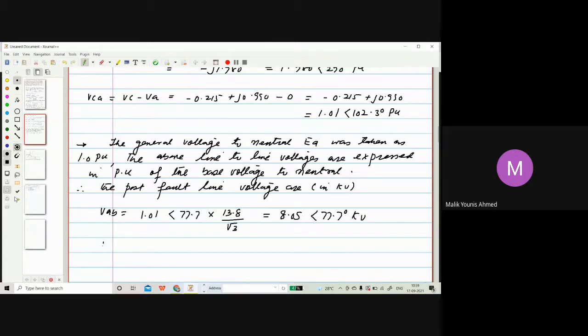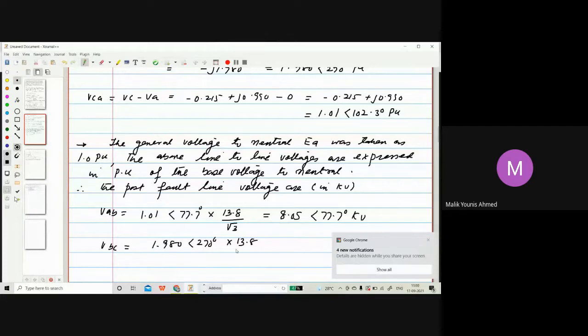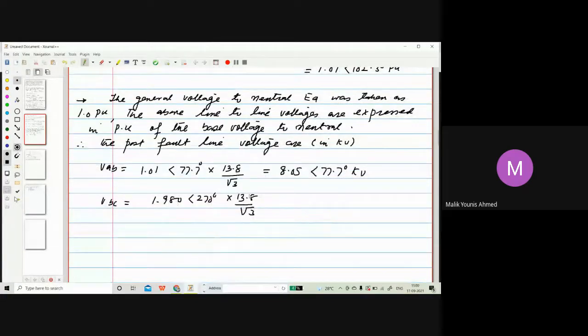Similarly, VBC will be 1.980 at an angle of 270 degrees multiplied by the same 13.8 divided by under root 3. Then this will be 15.78 at an angle of 270 degrees kV.